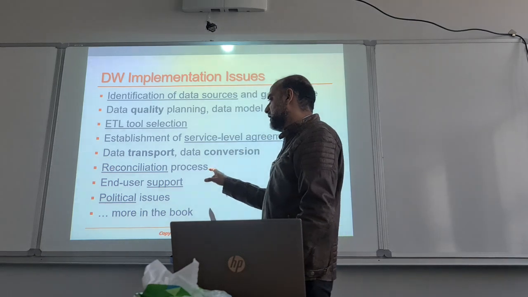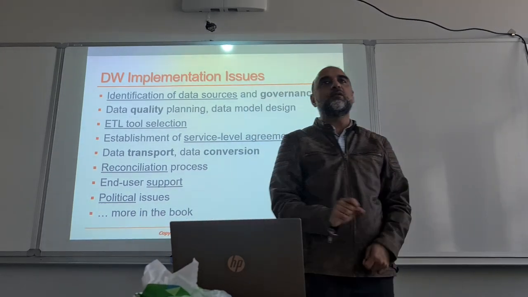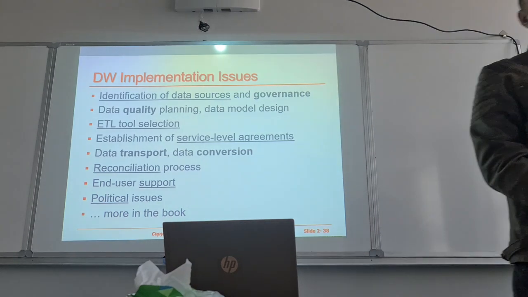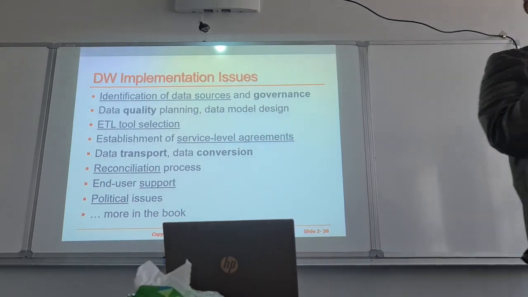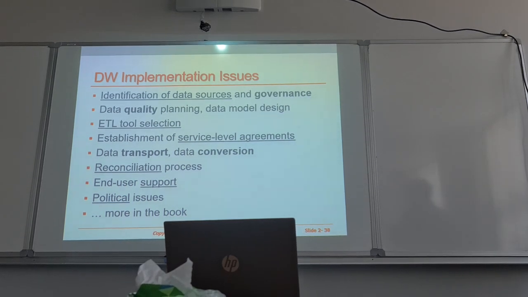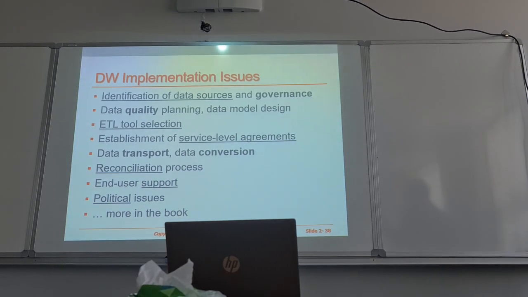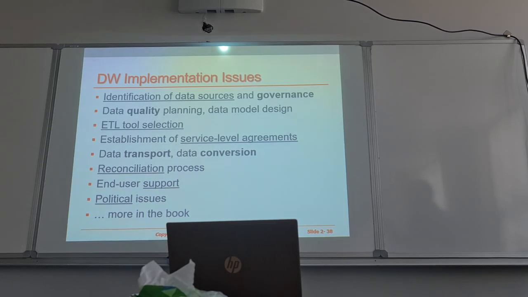But some of the other things are end user support and political issues. End user support means that if I face a problem, even how quickly they have to respond goes into the agreements. I have been talking to some people in Alupco, the aluminum company, and one of my friends is telling me that they even have agreements saying that they have to respond within 6 hours.